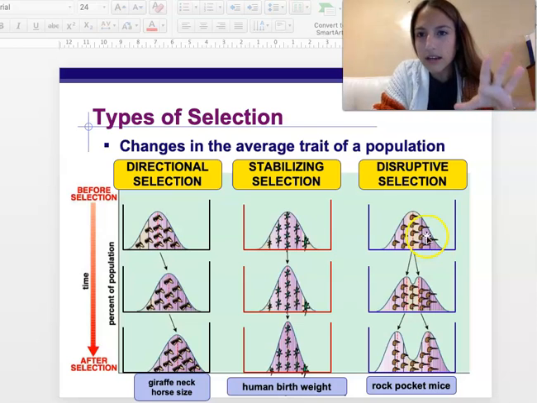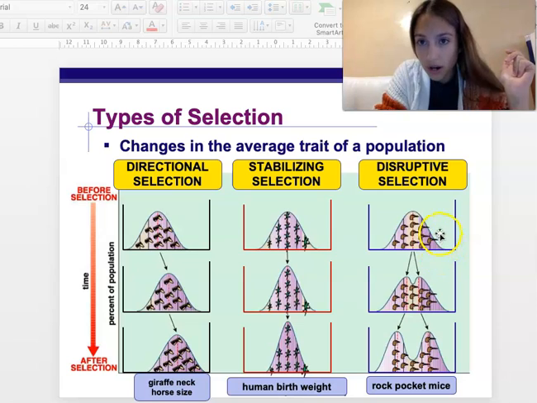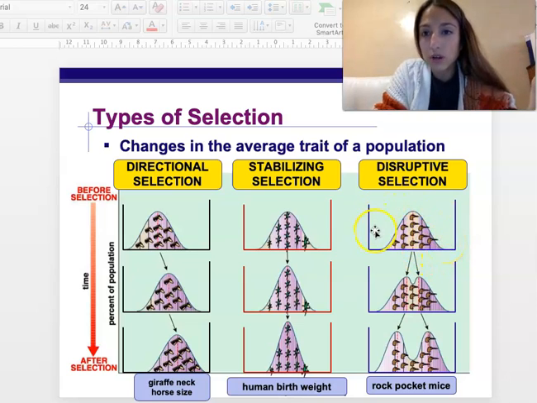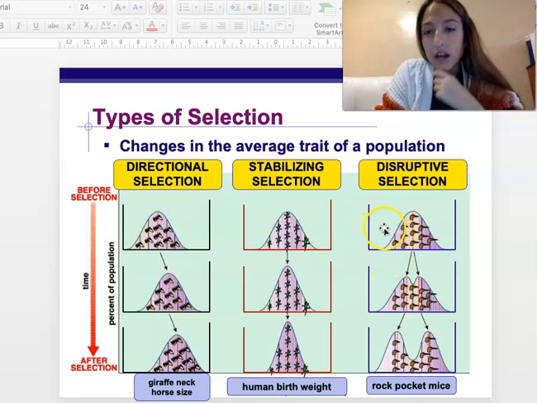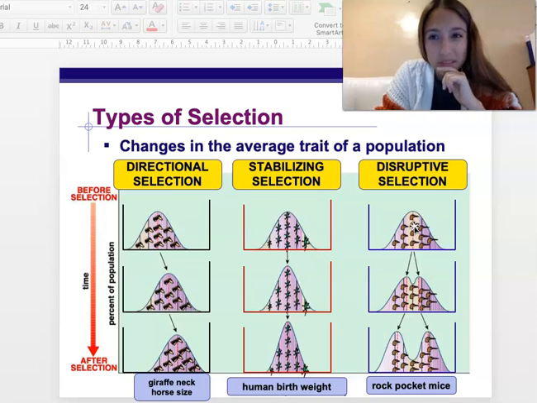So what that does is that some organisms that camouflage in the dark rocks will be favored because they will avoid predation. Some organisms that camouflage in the light rocks will be favored because they will avoid predation. The middle ones that don't actually camouflage with anything will immediately die, right?